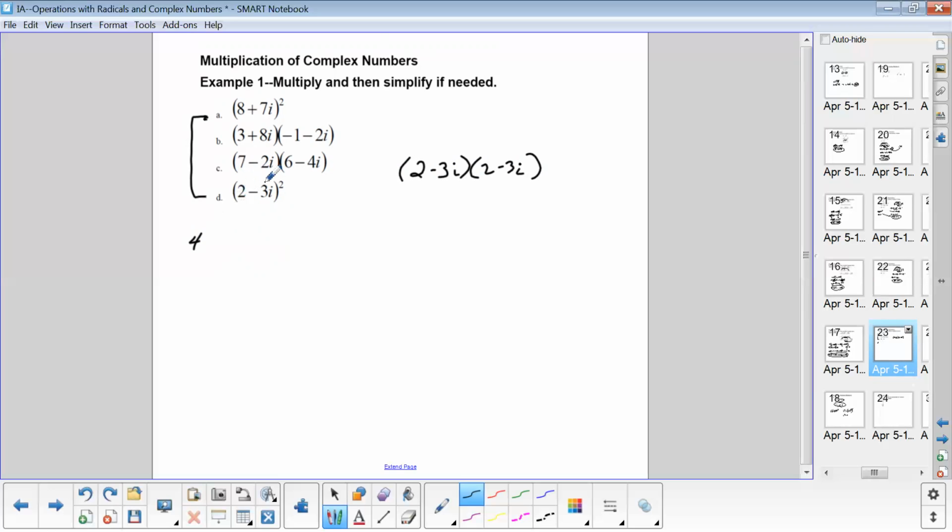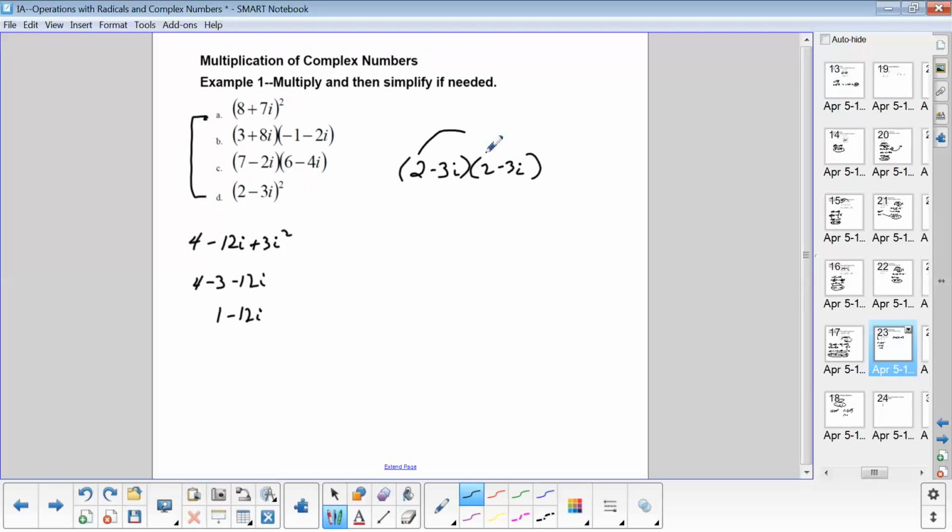You could multiply 2 times -3 and get -6, and then double -6 to get -12i, and then you could square the last term, which would give you 3i squared. And so this would be -3, so 4 minus 3 minus 12i would give you 1 minus 12i. And so that's kind of a shortcut, the fast version of multiplying there.